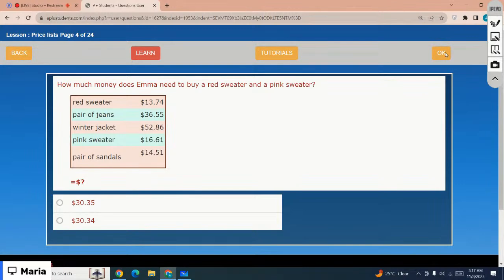Yes, very good. That means she needs a total of $30.35. Option number 1 is the correct option.